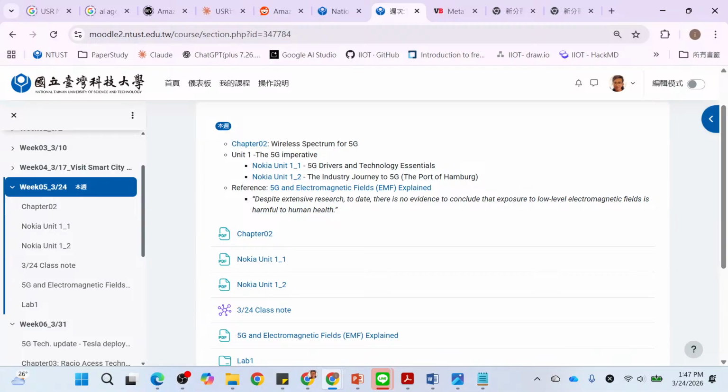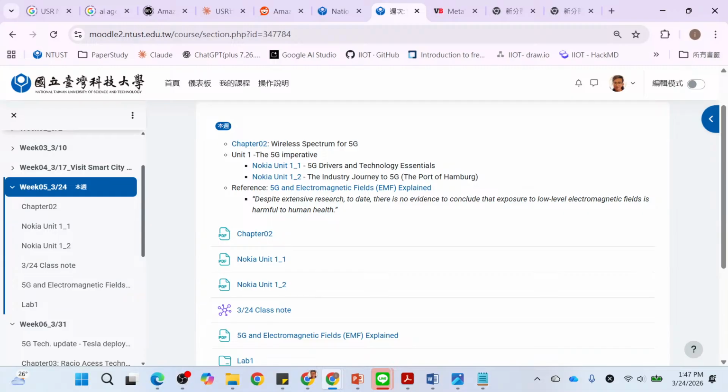If your cell phone does not support carrier aggregation, even though you connect to the 5G network, you will not be able to boost up your connection speed, right? Okay, but how can we improve that? That's what we are going to go through.